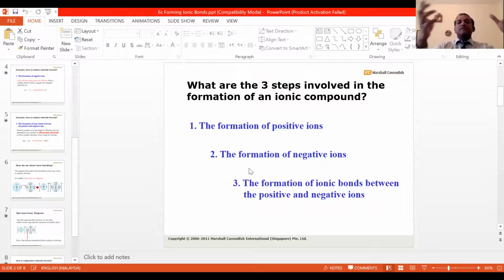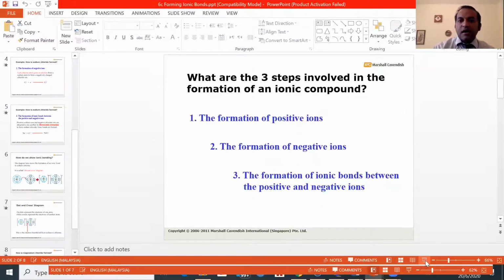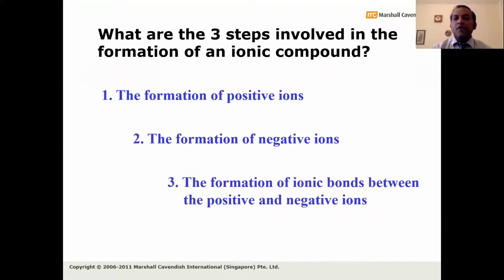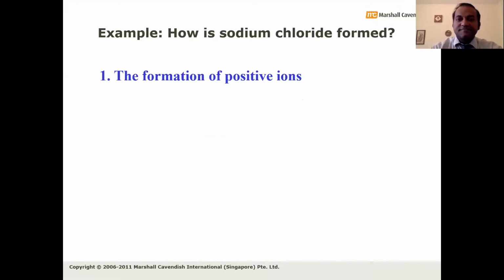First you form the positive ion, second you form the negative ion. After you form these ions, you form the bonding, because you must remember the positive and negative are always attracted. Just that for learning purposes, we put them separately for you. We teach you the positive ion first, then the negative ion. But you must know they are formed together simultaneously.